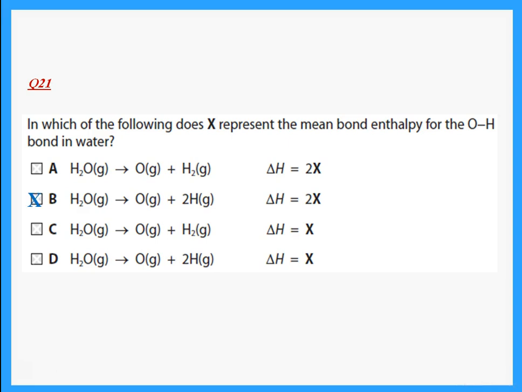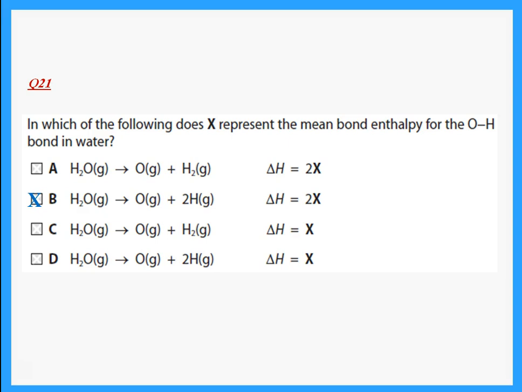Let's look at equation B. It has water breaking up into oxygen and H's, and that means I am breaking two OH bonds. If each OH bond is an X, then I'm breaking two of them, so that is 2X. So that is the correct answer for this question.